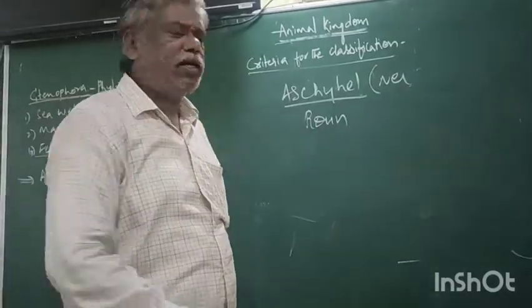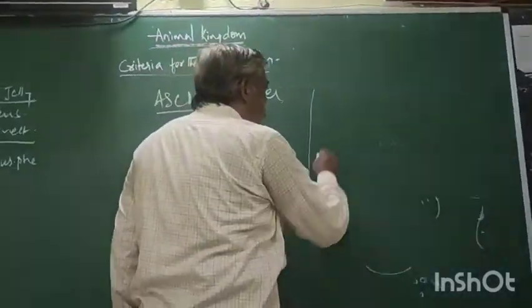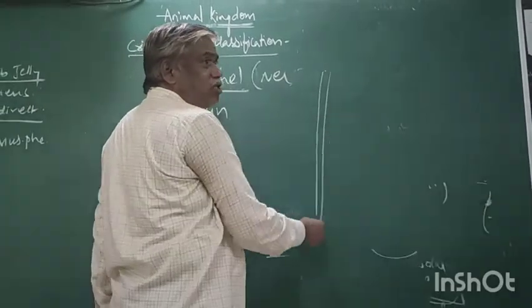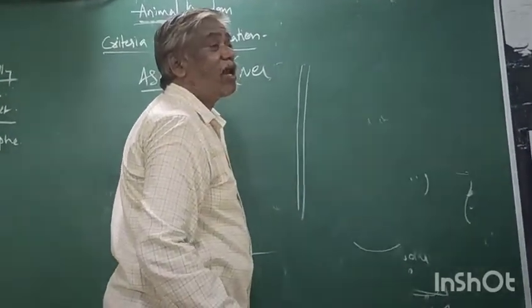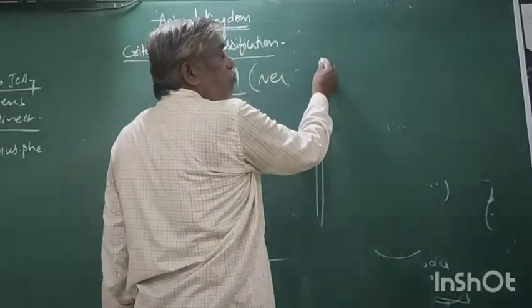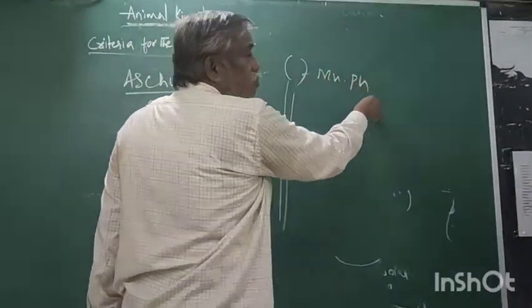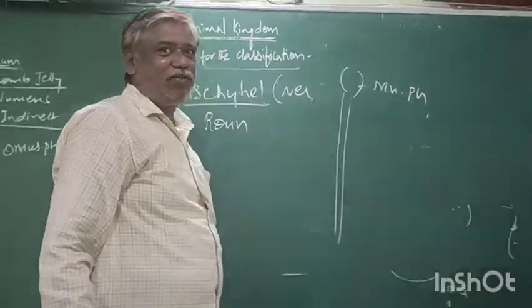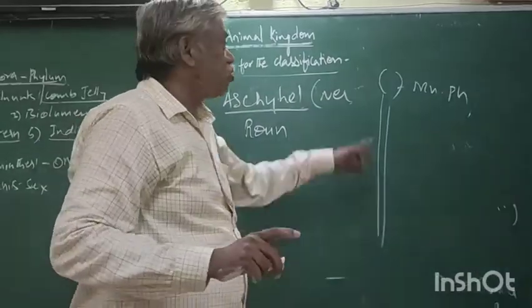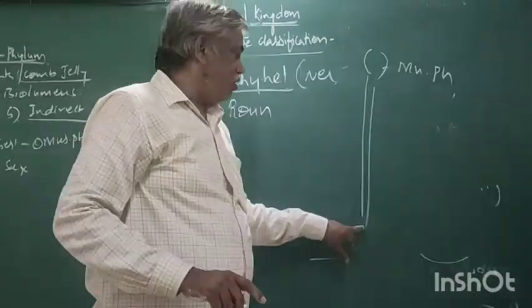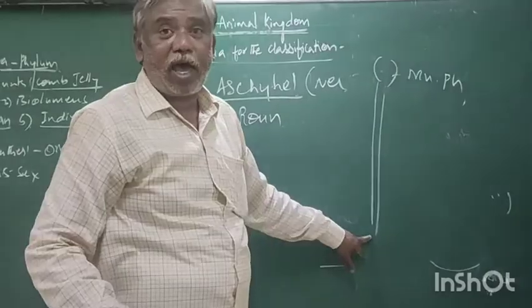The most important thing: the alimentary canal is complete, with mouth and anus. Buccopharynx is muscular. Be careful: muscular pharynx and alimentary canal with anus, complete.